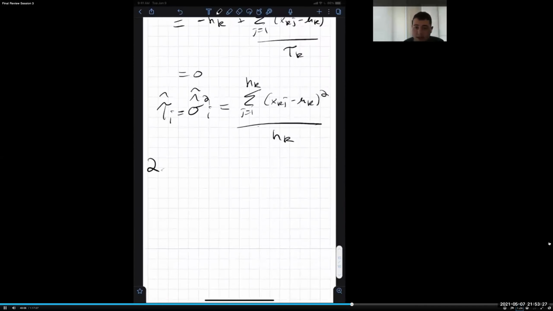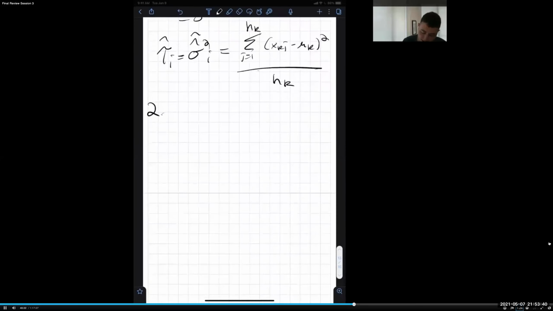So to show that this becomes like that likelihood ratio, we essentially are going to need to put this into a likelihood ratio. And so the likelihood ratio is the likelihood under the null divided by the likelihood under the alternative. So it's likelihood under null over likelihood under alternative.